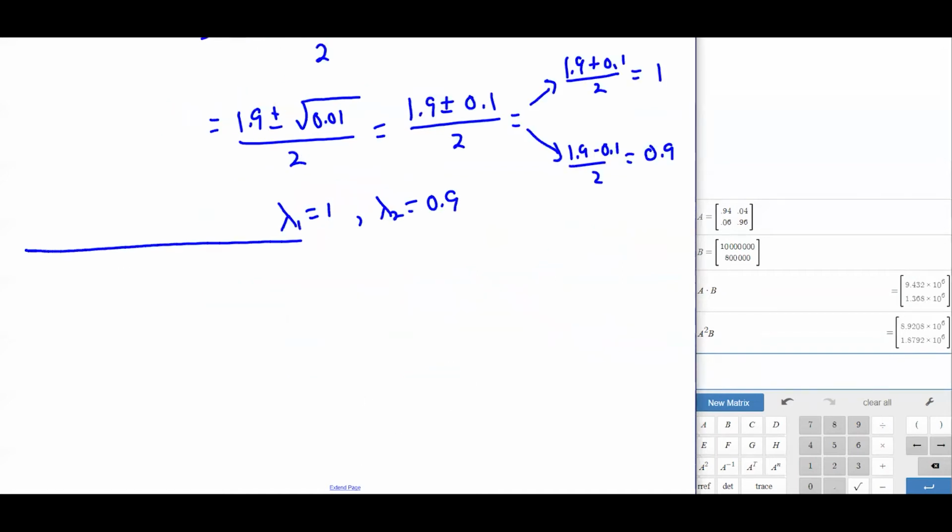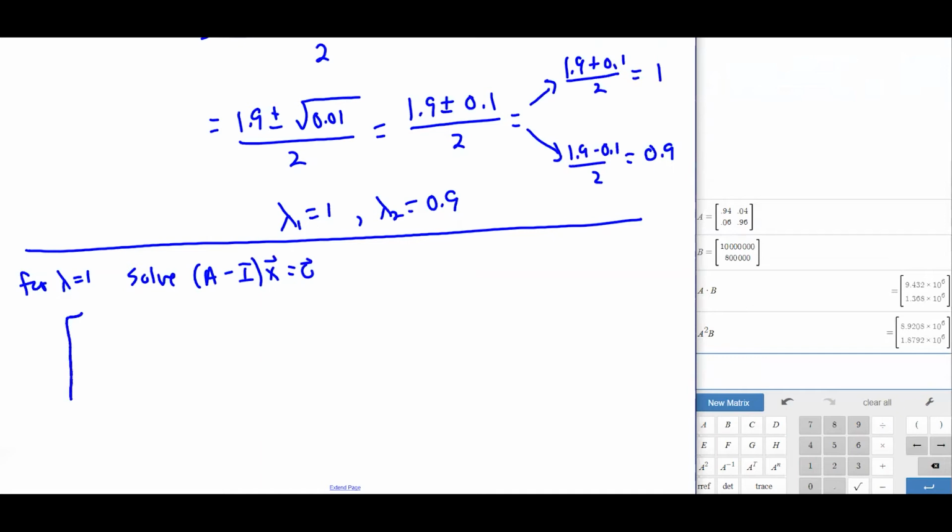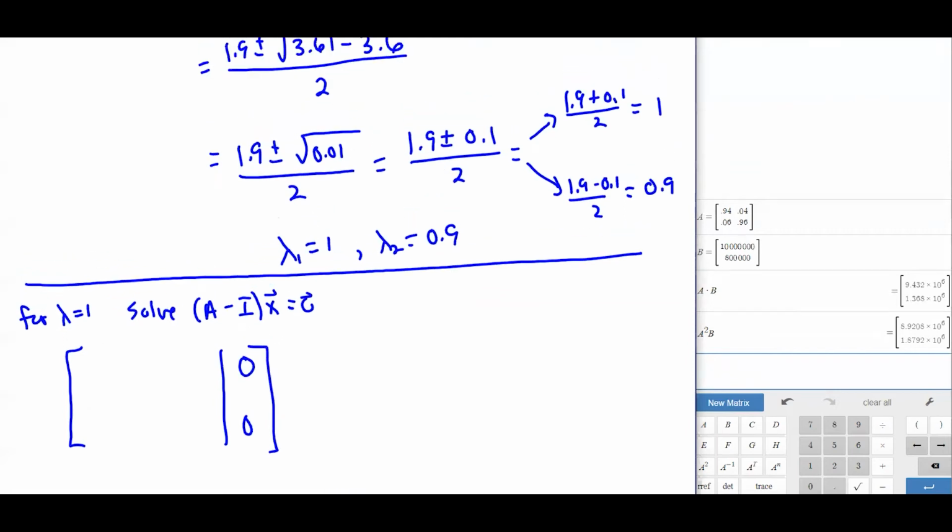All right, now we're going to find eigenvectors. So for lambda equals 1, we need to solve (A minus lambda I)x equals 0, and I should replace lambda with 1. So (A minus I)x equals 0. So I just need to subtract 1 from the main diagonal and augment with 0, and we'll solve for the eigenvector.